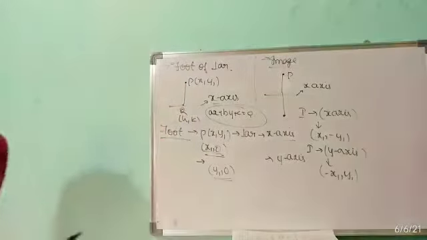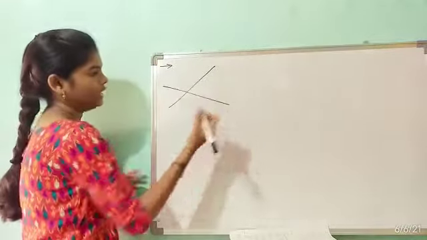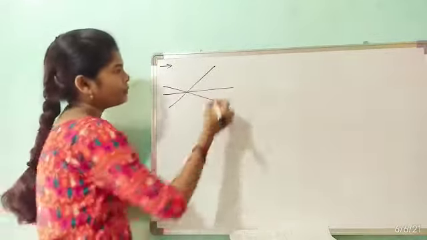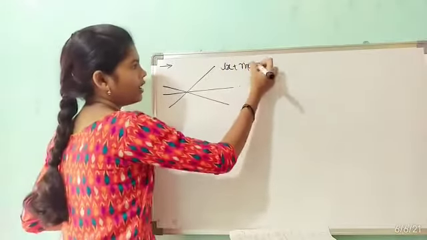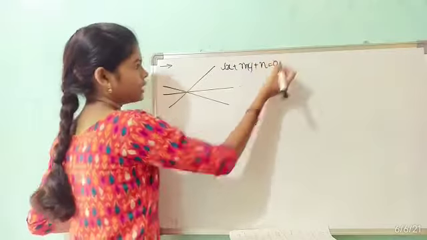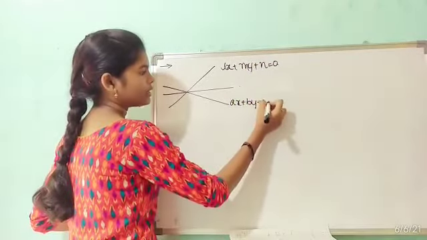Okay. Moving on to the next topic. Suppose we are given two lines, Lx plus my plus n equal to 0 and ax plus by plus c equal to 0.